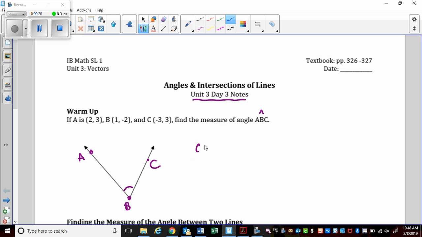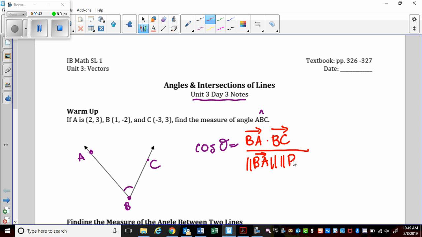This is cosine of theta equals, and we use the dot product of BA dot BC over the magnitude of BA times the magnitude of BC. Remember to take the cosine inverse of both sides to find theta.